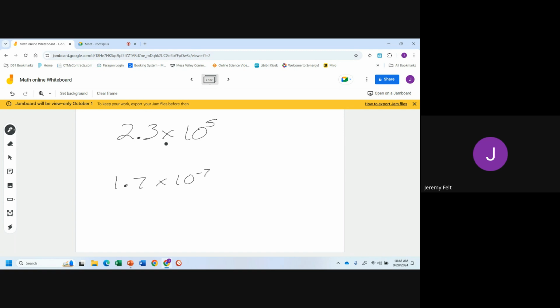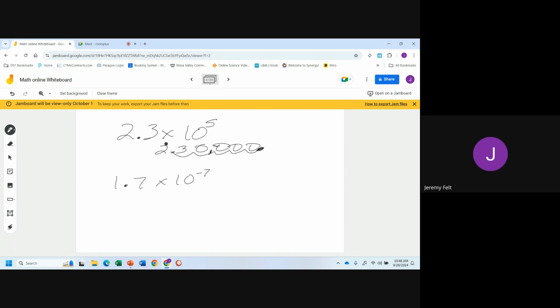So I'm going to take that 2.3 and move the decimal 1, 2, 3, 4, 5 places, and that's where it would be now. And then I fill in those spaces with zeros. So if I put my comma in there, it's 230,000. Again, that's not an incredibly large number. We could probably say 230,000, but this is just to give us practice with scientific notation.